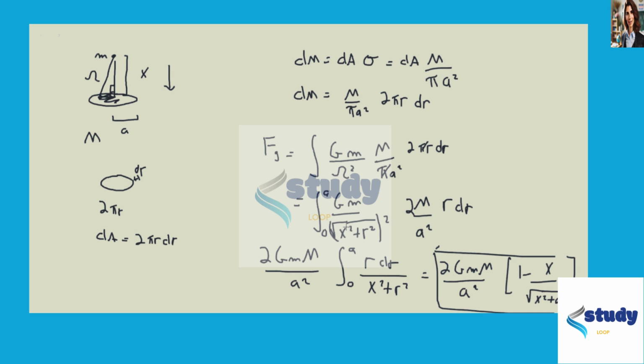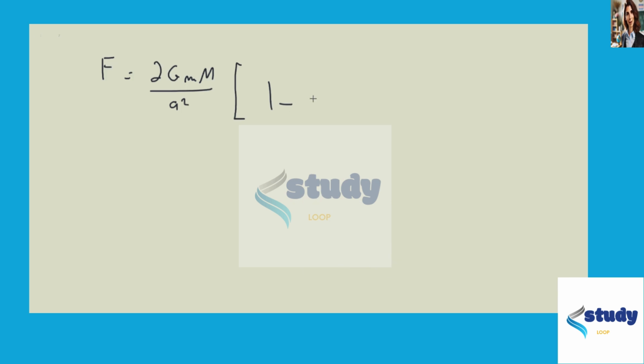So we have our force is 2 G little m big M over a squared, and then we had 1 minus the second term. Now if we do a binomial expansion on this second term, we'll get that it is equal to 1 minus 1/2 a squared over x squared.